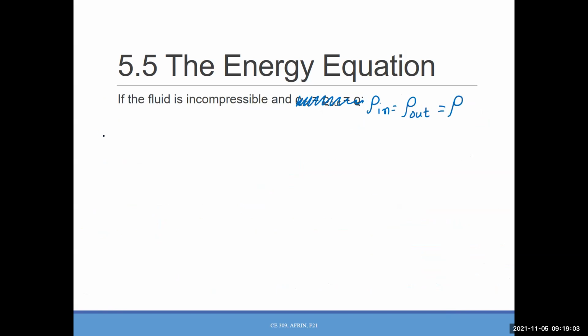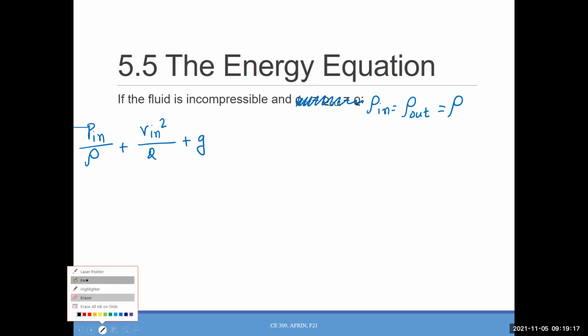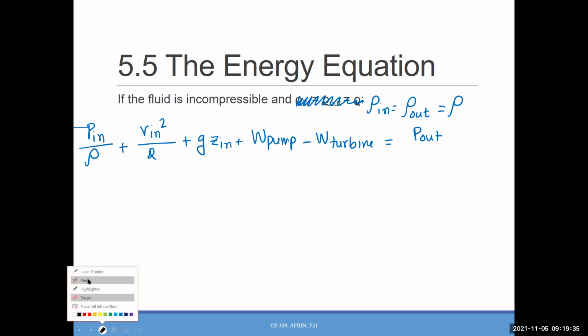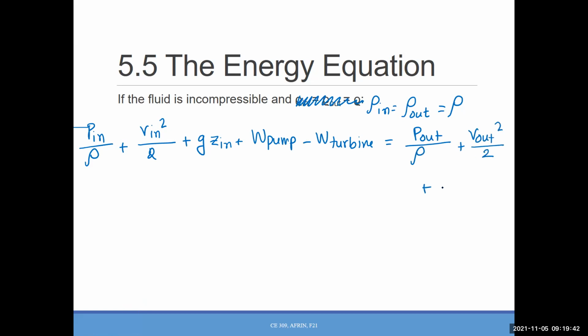So one simplification can be P in over just gamma, V in square over 2 equals to P out over gamma, 2G, FL. Okay.